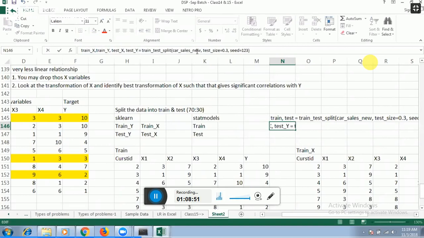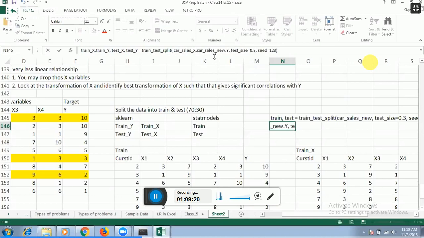If you provide car sales new as your Y variable, comma, car sales with all the X variables, that is, if you supply your Y variable separately and your X variables as a matrix separately, then you will get train X, train Y, test X, test Y. Sorry, first if you provide X, you will get the X variables first.